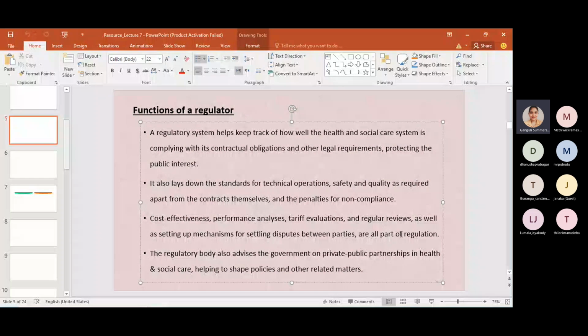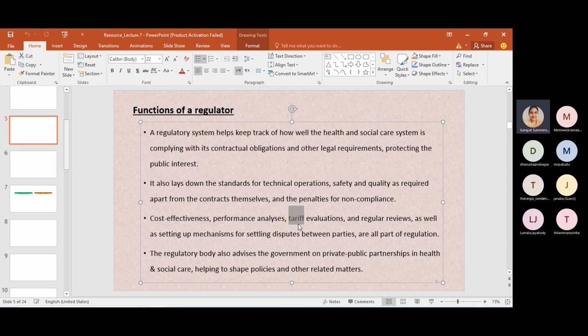So when it comes to regulation, all these things: cost effectiveness, performance analysis, tariff evaluations. Tariff means an amount of money that you have to pay for imports or exports.